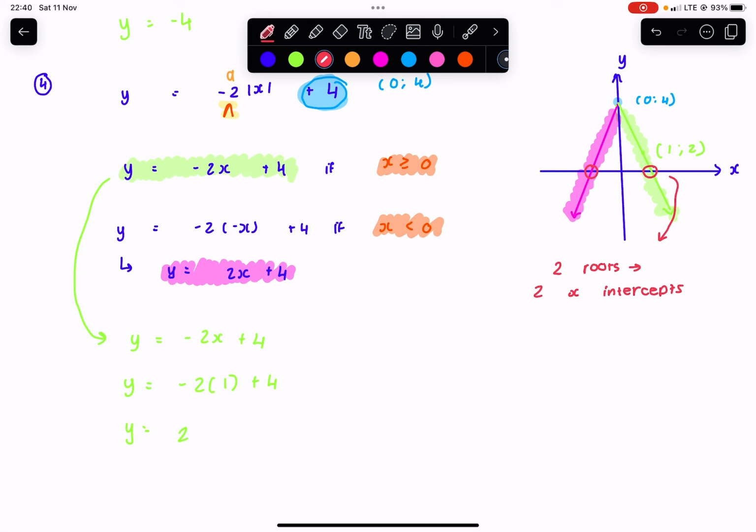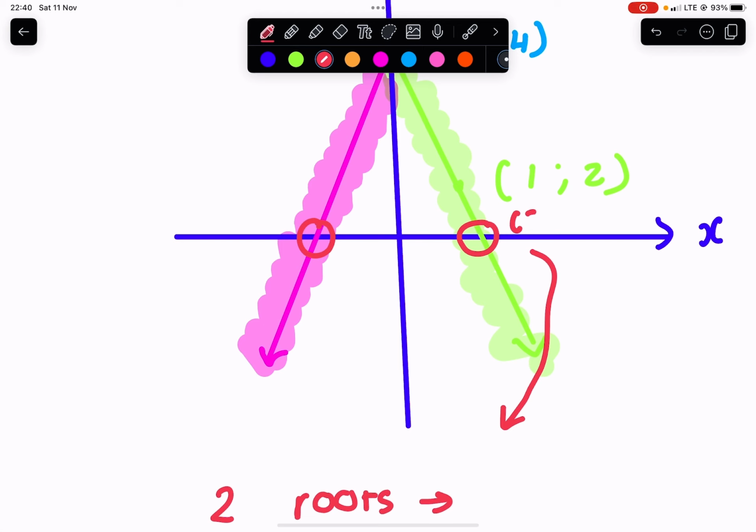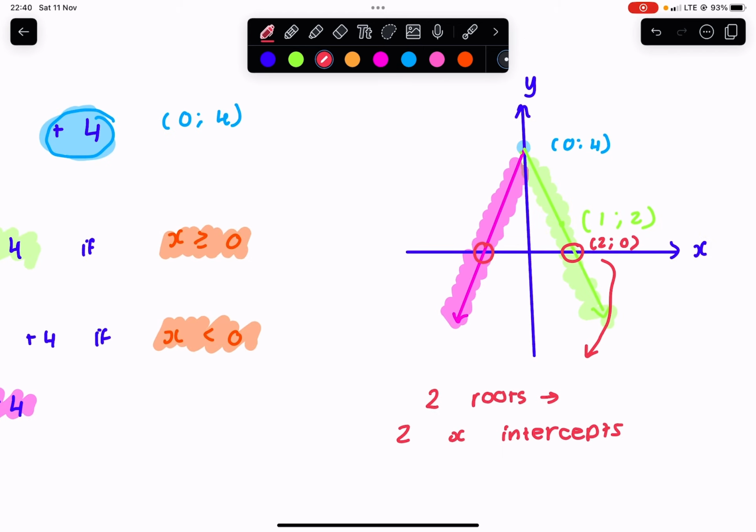So if we're looking at the equation y equals negative 2x plus 4, in order to find the x-intercept, we would make our y value 0, which would mean that our x value would have to be, in this case, 2. And because it's symmetrical, this will have to be negative 2, 0.